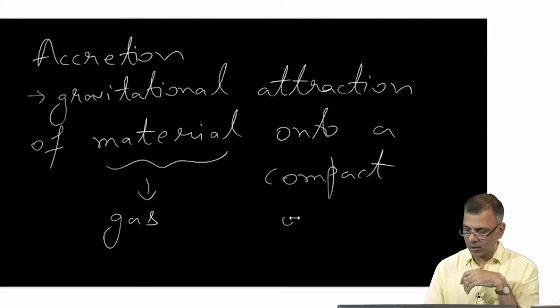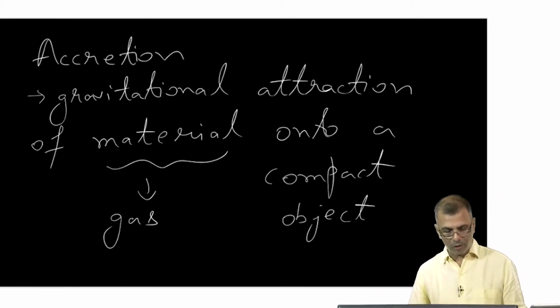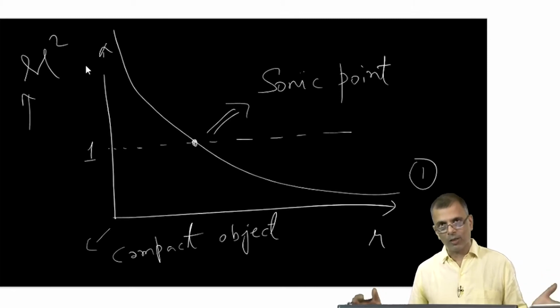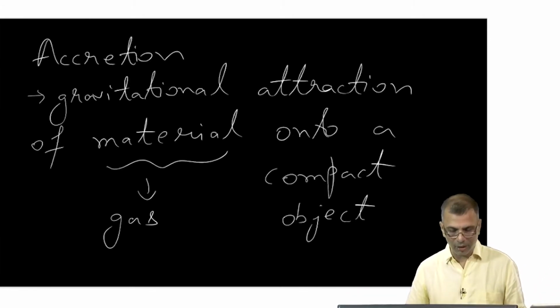And the compact object can be a black hole or a neutron star. Whether it's a black hole or a neutron star will simply influence the boundary conditions here. That is all. A black hole has no surface, so it just swallows the material. A neutron star, on the other hand, does have a solid surface.